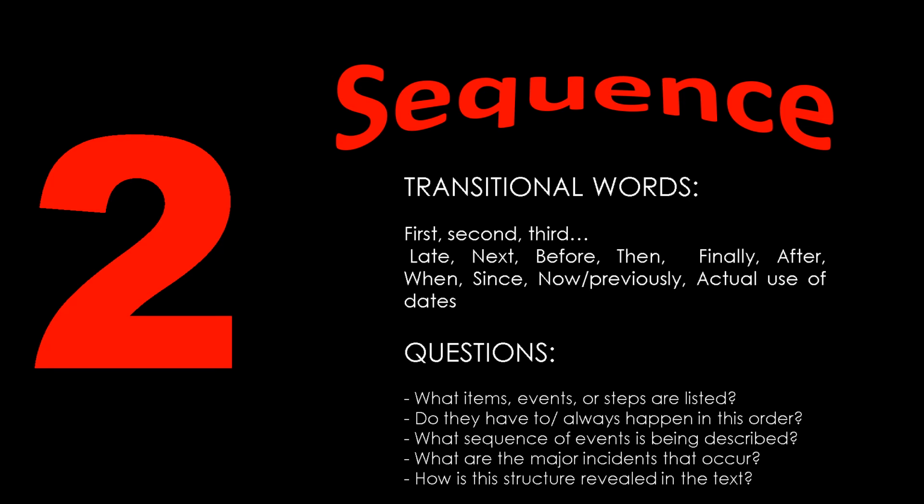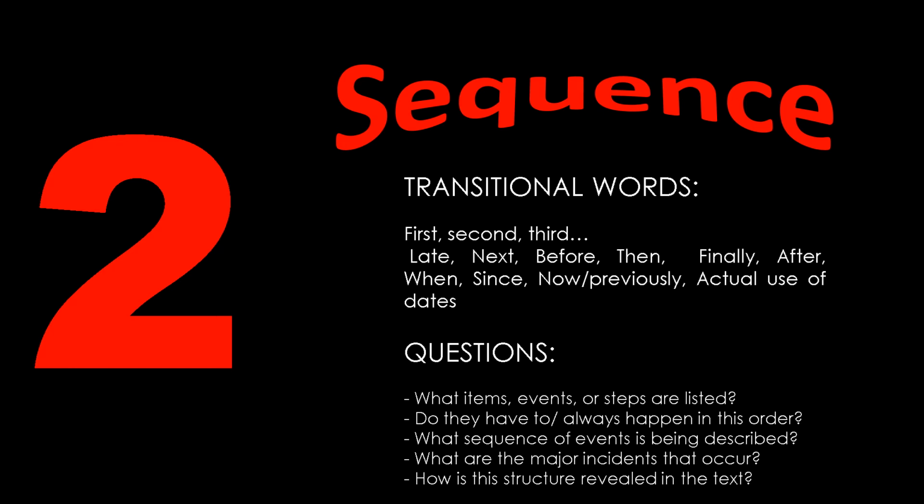The transitional words used to indicate sequence are first, second, third, later, next, before, then, finally, after, when, since, now, or previously, and the actual use of these. And here are the questions you can ask to check your understanding of a sequential text.